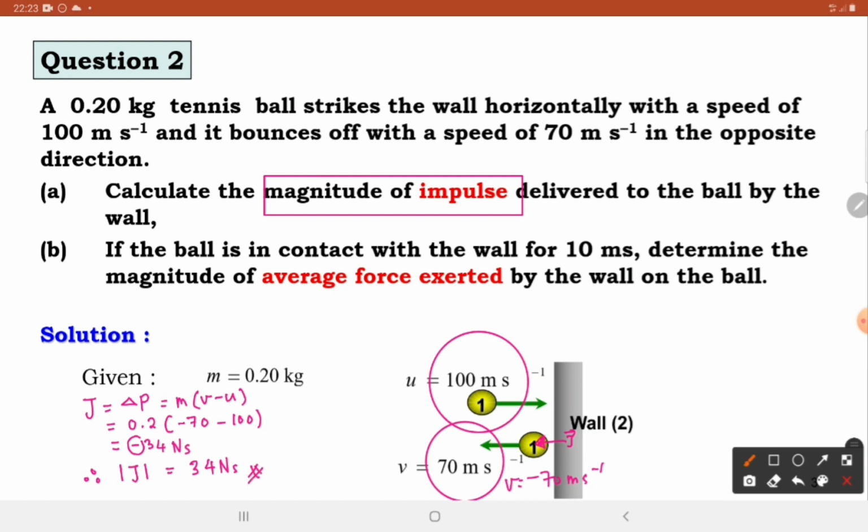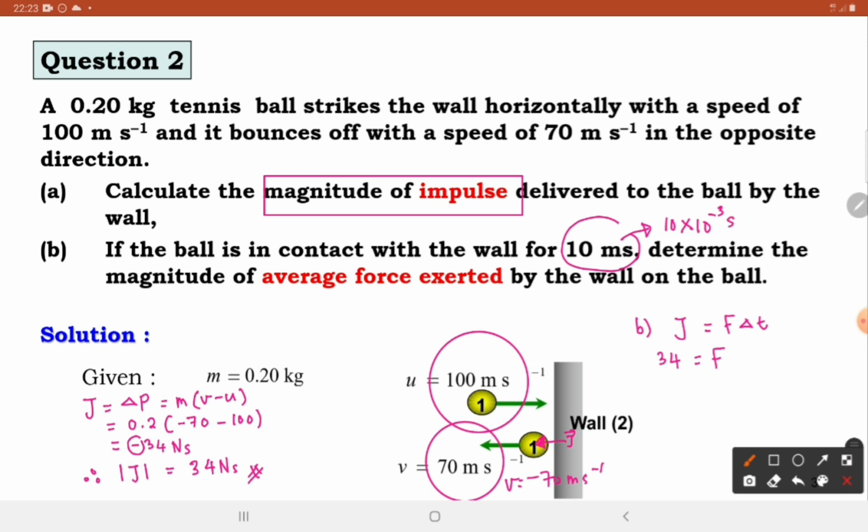And for B, to calculate the average force exerted by the wall on the ball, you can use the formula J equals F delta T. The value of J is already calculated in A, which is 34. F is what we are required to find, and delta T given to you is 10 milliseconds. We need to convert to SI unit first, which is 10 times 10 to the power of negative 3 second.